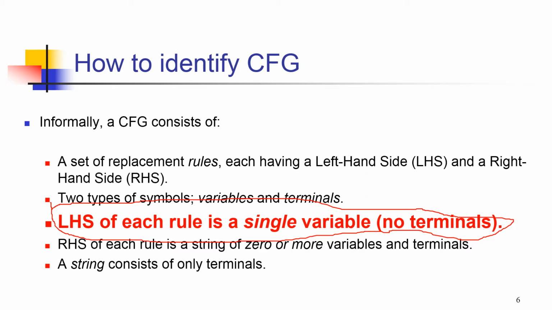Now, whatever number of rules you have in your grammar, in each and every rule, that rule should be produced by only a single variable. On the basis of this, I can identify whether any particular grammar is context-free grammar or not.